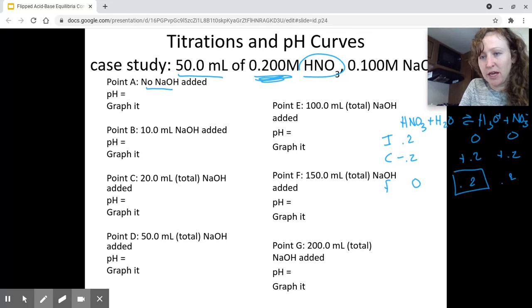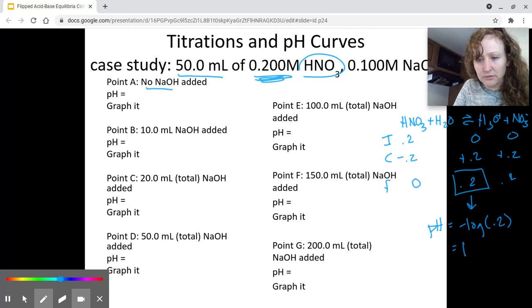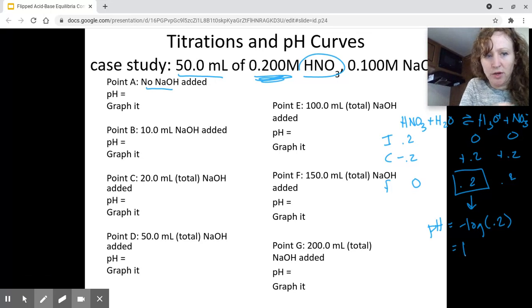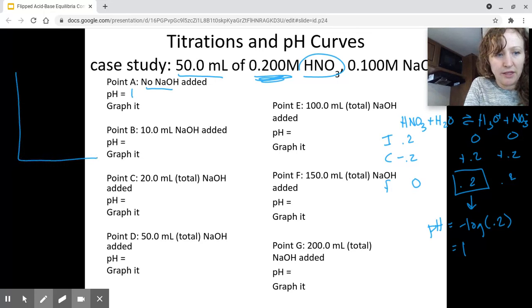I have my H+ concentration. I can plug that into my pH equation, and I get an answer. Okay, here we go. So I have a pH of 1 here on my graph. That's going to be a pretty low pH, probably my first notch.